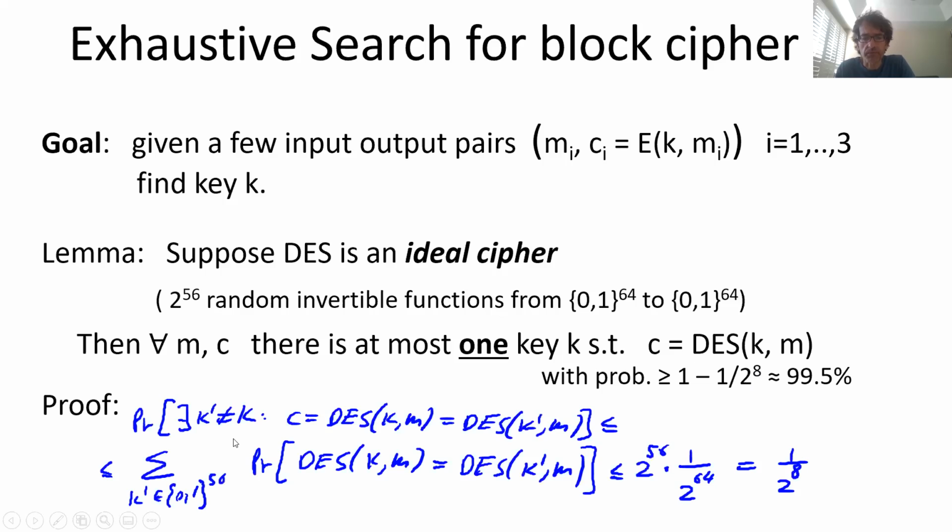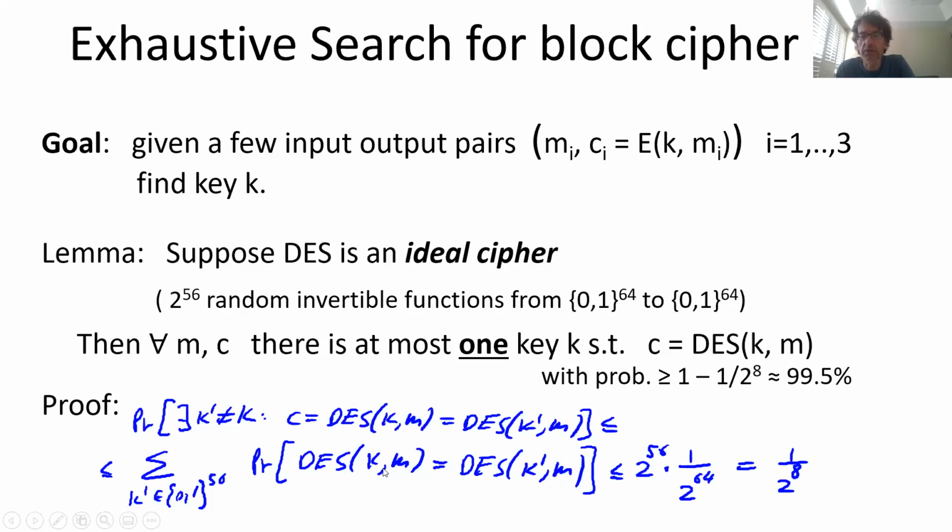And look, the probability that there exist 2 keys that map the same M and C pair to each other, both of them explaining the same plaintext-ciphertext pair, is upper bounded by, well, the number of K primes, and the probability that there is a collision, that the key K prime outputs the same ciphertext as key K on this message M.